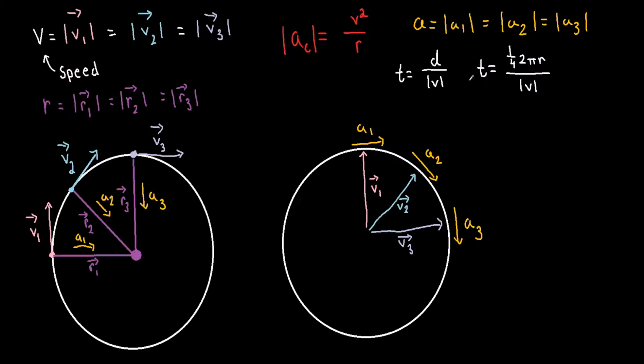Now the time it takes along this position vector is going to be the same amount of time to complete the velocity path. So again, we have that our time is equal to 1/4, since this is 1/4 of the circle, times 2 pi r.